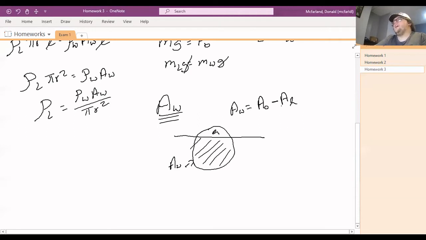So how do we find AH? It's over here. AH will be this area right here, where the height of this circular segment is h.